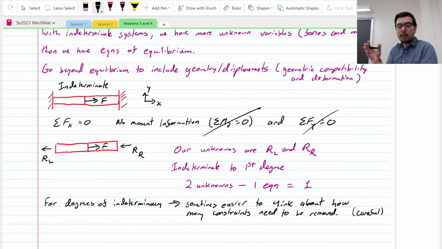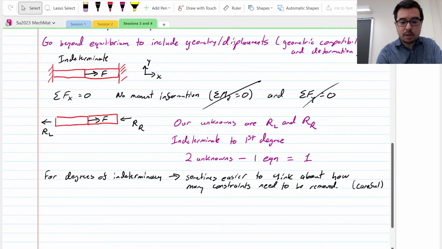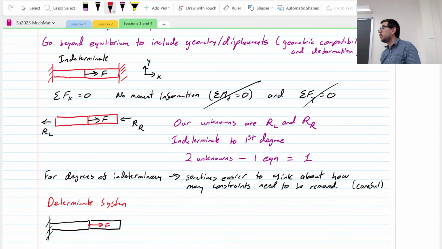But here, because we have no moment, it's simple to see that this is a determinate system. If I simply remove one of the walls, this is now a determinate system.